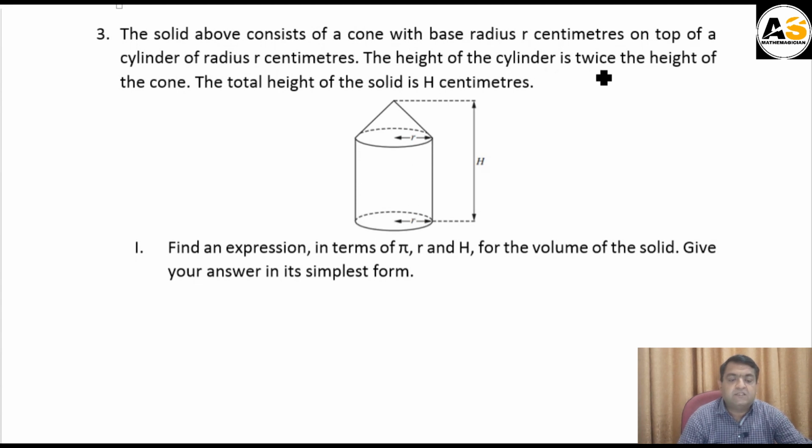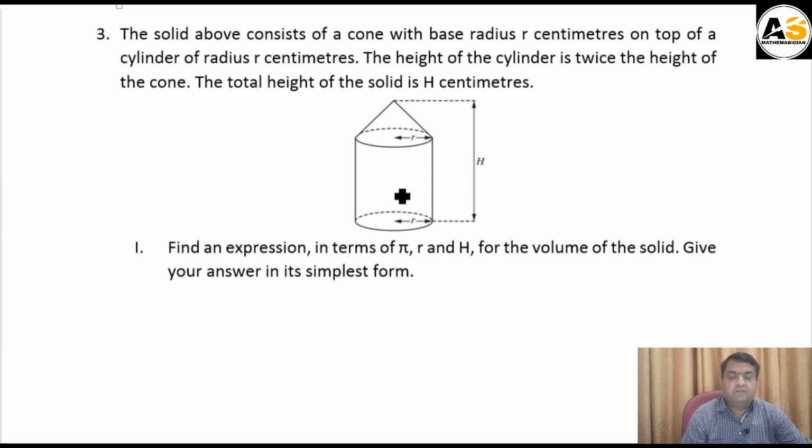Height of the cylinder is twice the height of the cone. Height of cylinder, this, is 2 times the height of cone, this. Total height of the solid is h. Total height is this height plus this height, which is h. We have to find an expression in terms of pi, r and h for the volume of the solid.